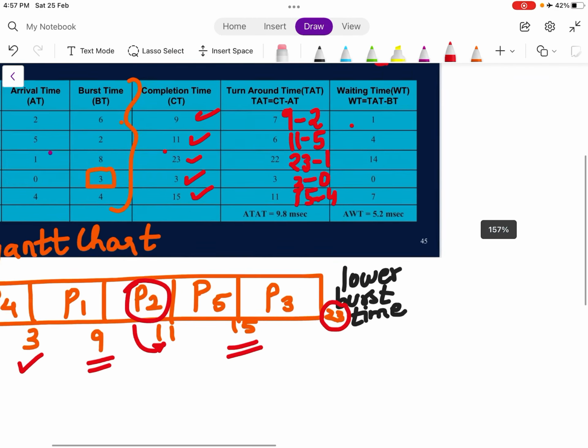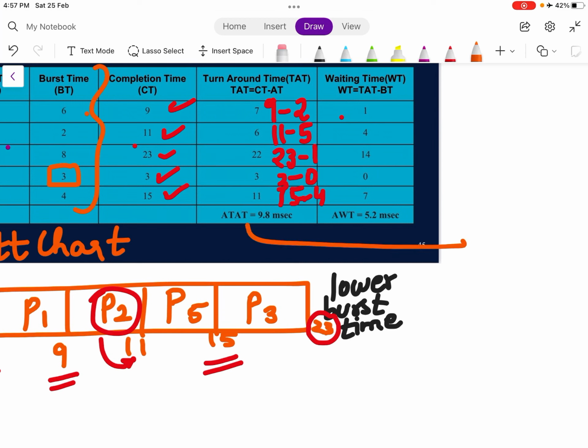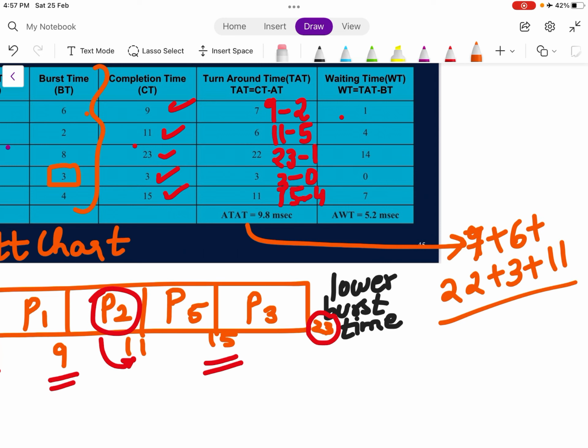Add this divided by 5. So we add 7 plus 6 plus 22 plus 3 plus 11 upon 5. What you get? 9.8 millisec.